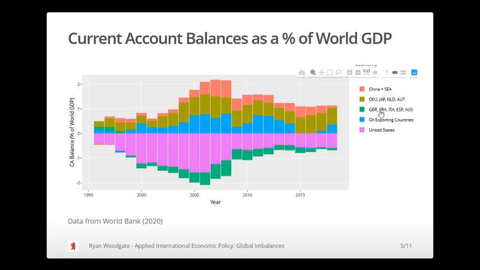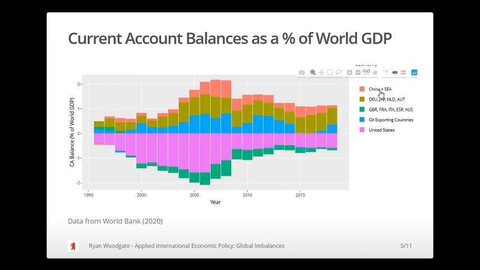We have other countries, especially Western European countries and Australia, which have been running persistent deficits over time. And then, of course, on the other side of the coin, if there's always a deficit country, then there must always be a surplus country or group of countries. And in particular, it's those export-led countries we mentioned in the previous video. So Germany, Japan, Netherlands, Austria tend to be the exporting or surplus countries.